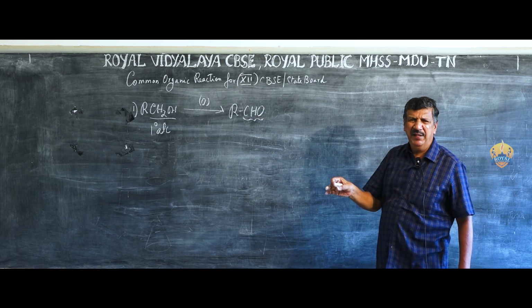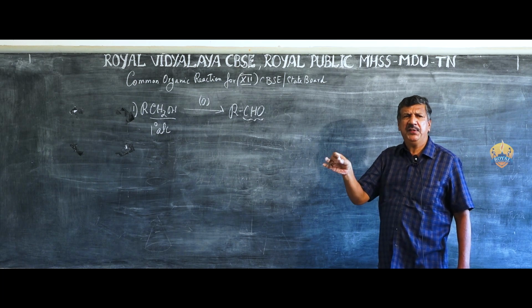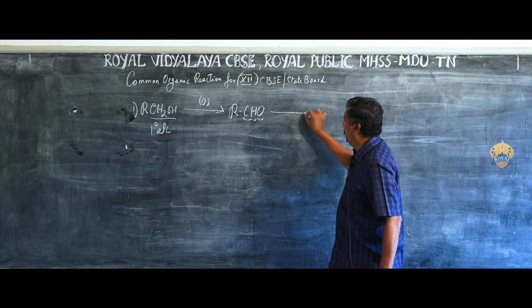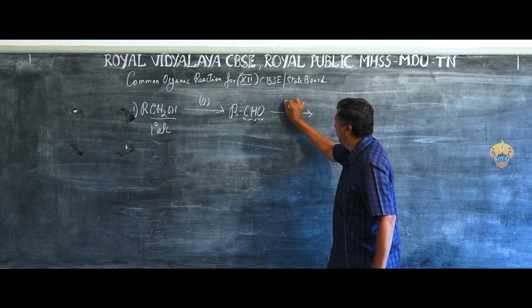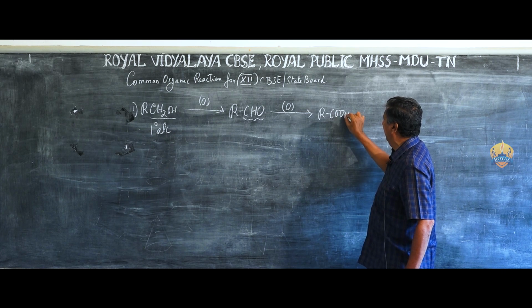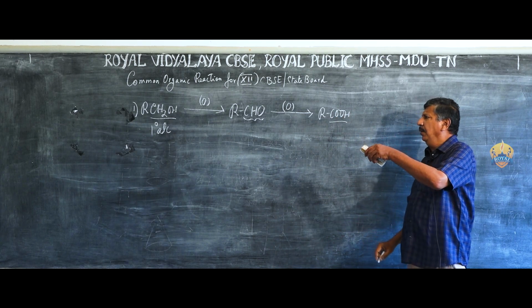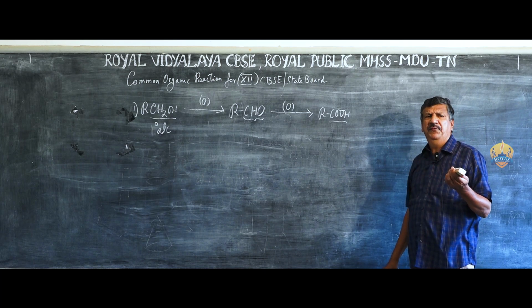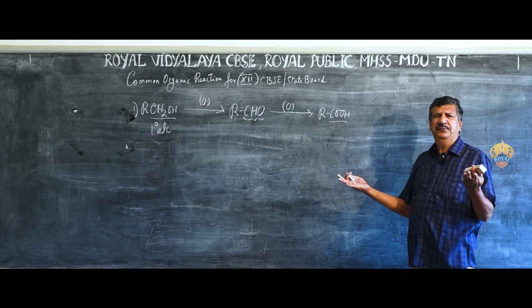You should understand basically CH2OH converts into aldehyde. Then on further oxidation, the aldehyde changes into acid. You see, primary alcohol changes into aldehyde, aldehyde changes into acid. Very simple, you can understand.